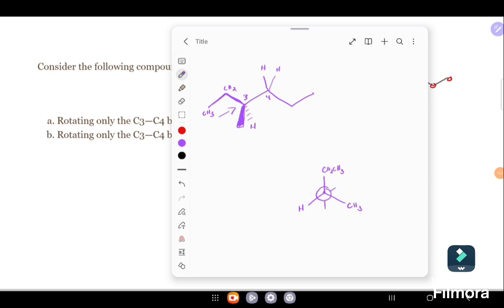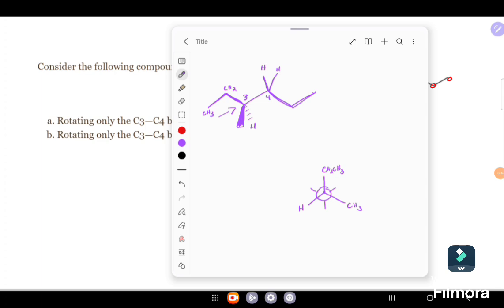we know we're going to draw a staggered conformation. Those are always the lowest energy conformations. We're going to decide what would be the lowest energy conformation to draw for this molecule. We need to decide what we have to draw on those lines. So bonded to carbon 4 is an ethyl group, along with 2 hydrogens.